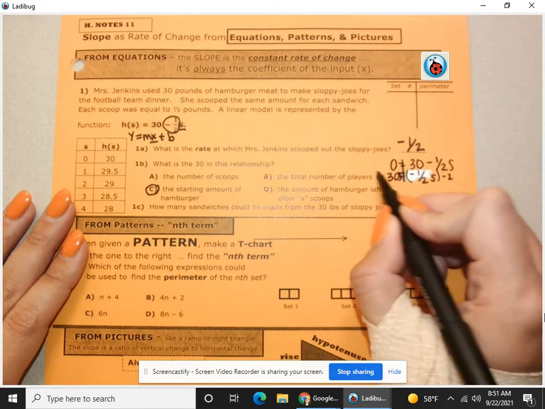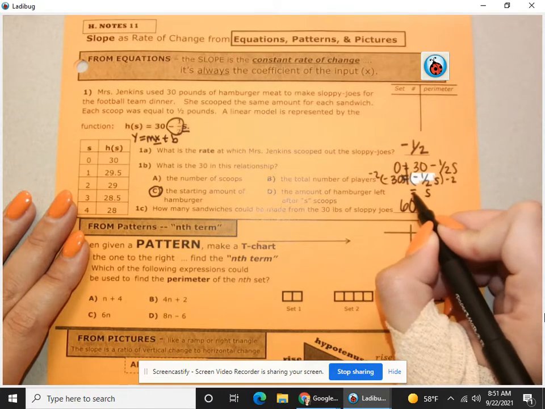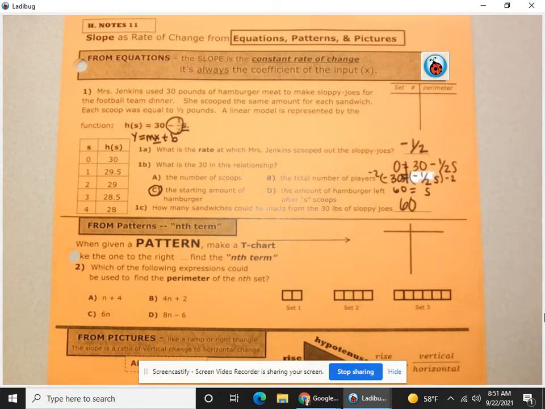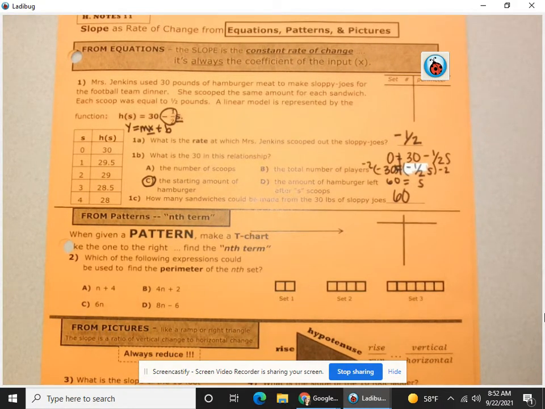That's what I'm going to do. To get S, the number of scoops is 60. Okay. That's how you do it mathematically. You just set your equation equal to 0 and solve for your variable.